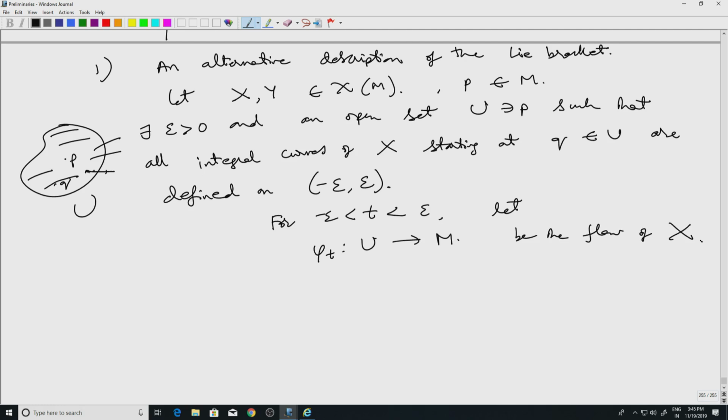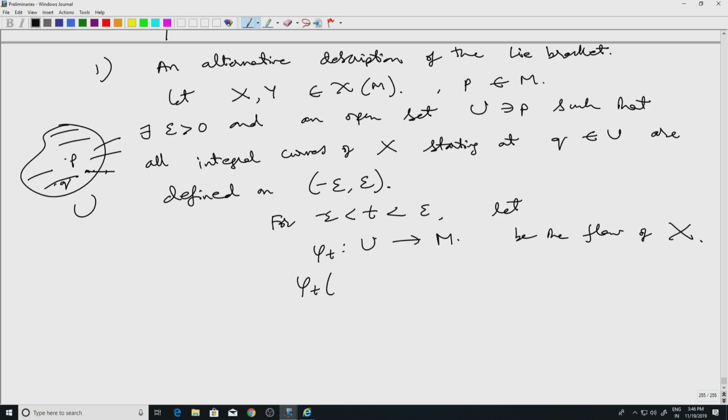I had earlier talked about flows when I assumed that all integral curves are defined on the entire real line. But that's really not necessary. I can just use a fixed size interval. Then I have this, and the only thing is that I cannot quite say that U goes back to U. So it's not a diffeomorphism of U back to itself, but rather a map from U to M. And its definition is the same.